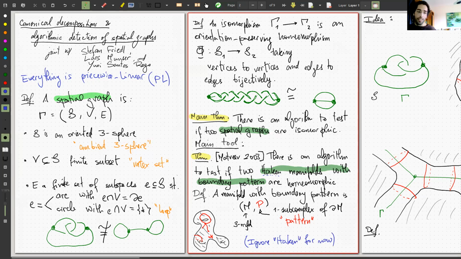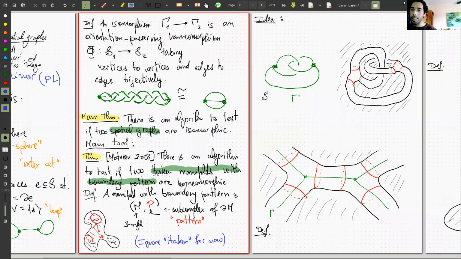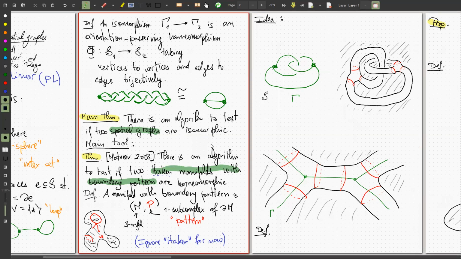And let's see what the main idea of our result is. Well, I've already spoiled it. You want to translate a spatial graph into something of this type, into a manifold with boundary pattern.